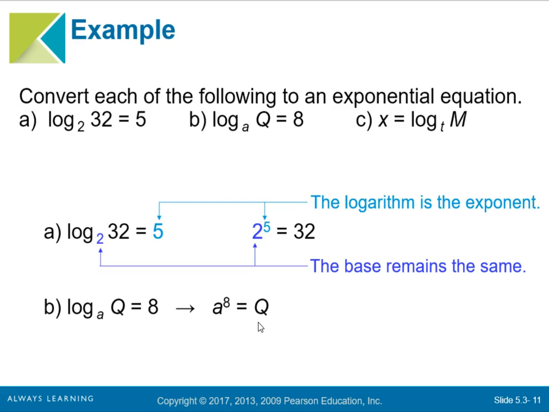Very similar process for our next one. We're going to have a as our base, 8 as our exponent, and q as our ending answer. And in this case we have t as our base, x as the exponent, and m as our ending result on our exponential function.